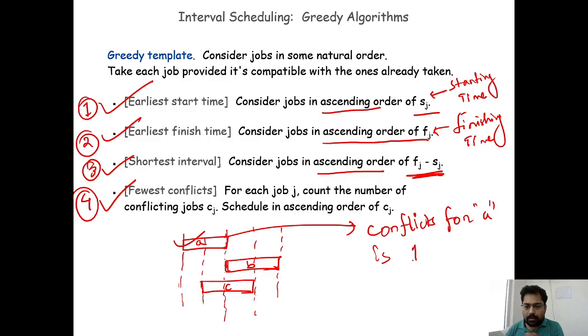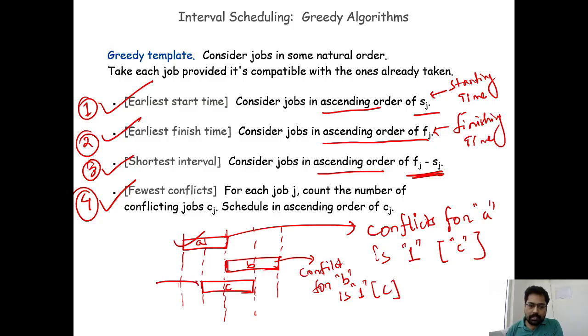Conflicts means if I select that one, which are the overlapping jobs that we have to consider. So the conflict for A is 1 because of C. The conflict for B is also 1 because of C.